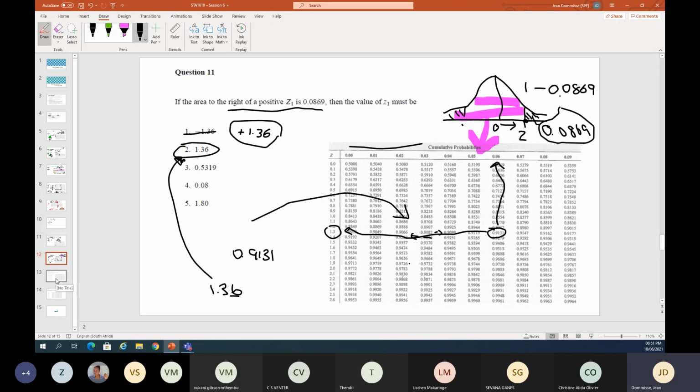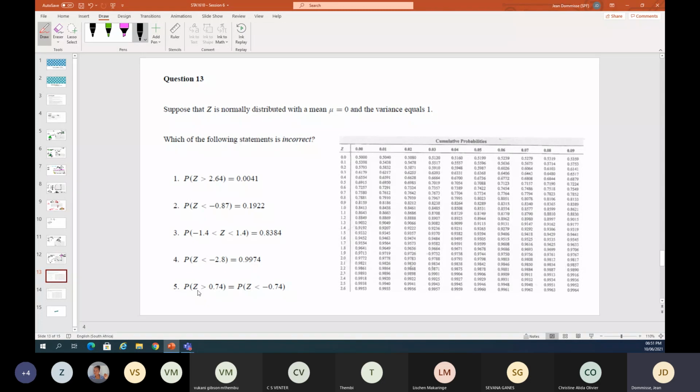The next one is also one that they love to put into assignments and exams, because in one question they can test if you can look at the tables, the negative table and the positive table. They normally ask you which one is incorrect, so you nearly need to look at everything.